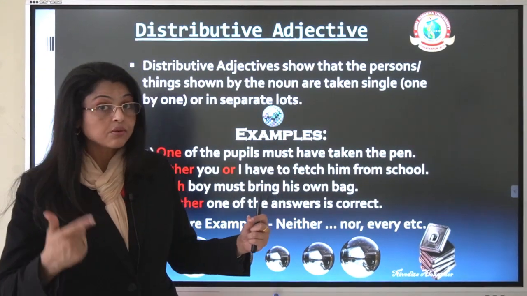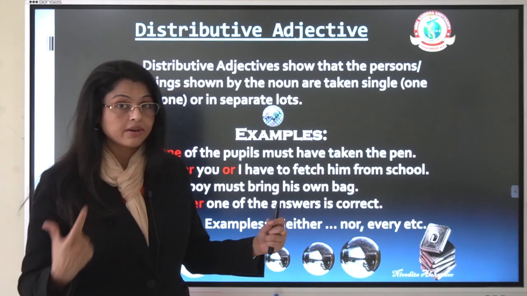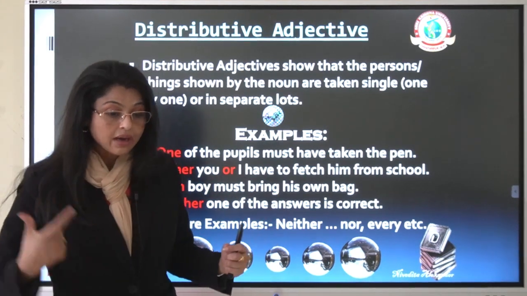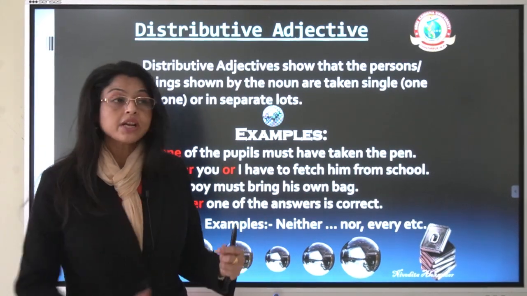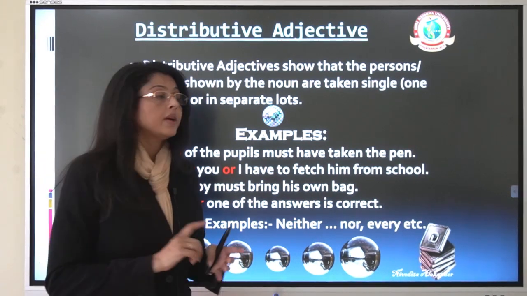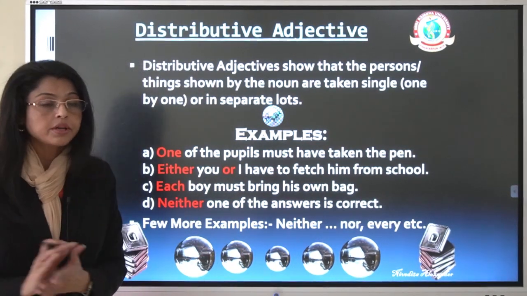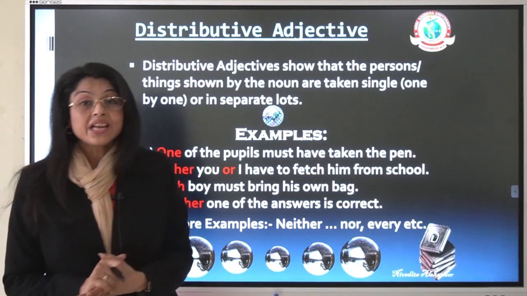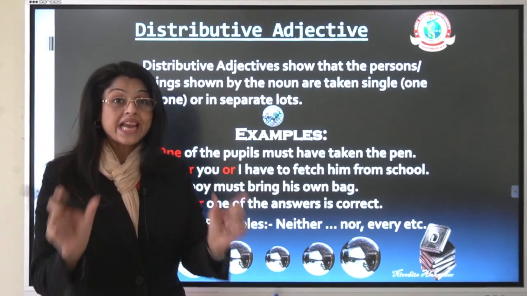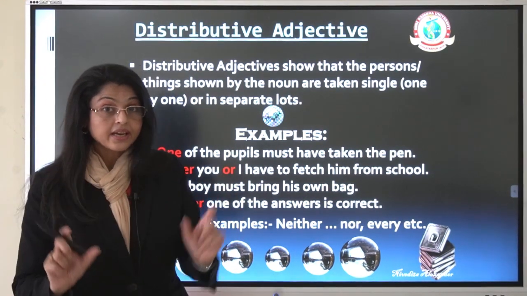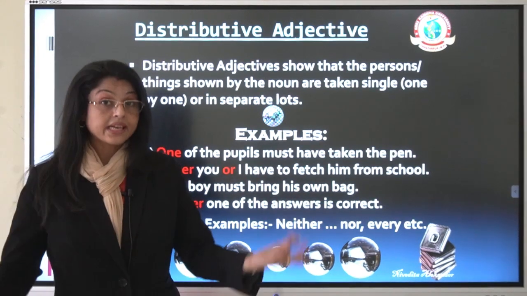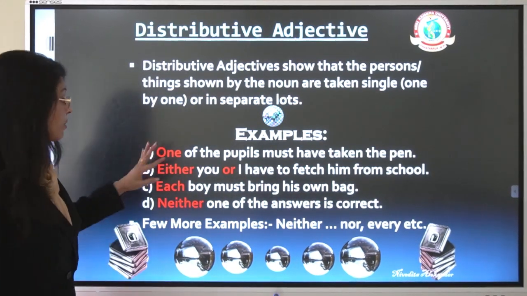Now this is the word I used, each and every. So whom am I going to give? To each and every person sitting in the room. If I say I'm not going to give the sweets to anyone, this word anyone is again a distributive adjective in a negative way. So positive and negative.